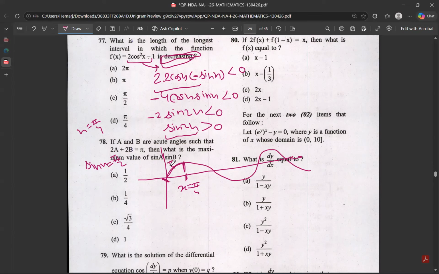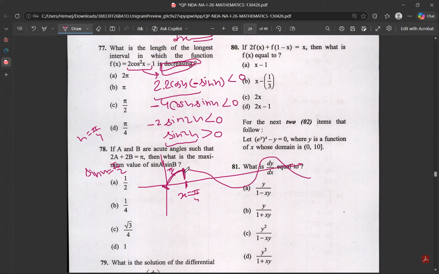See, from 0 to pi by 4, our sin 2x is increasing. From this to this, sin 2x is decreasing. Now this interval is again increasing. So if you see the length, this is pi by 4 and this is pi by 4.